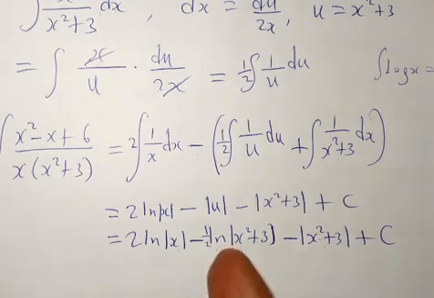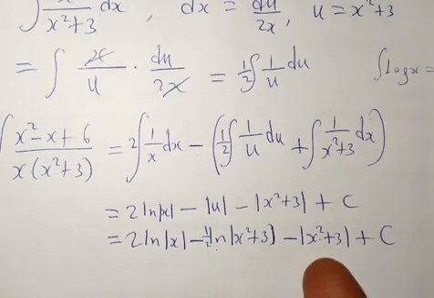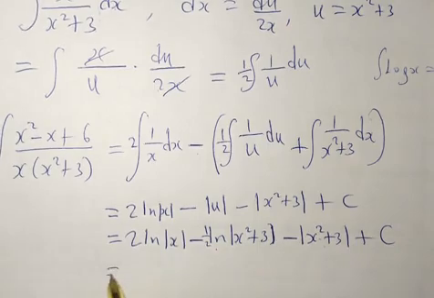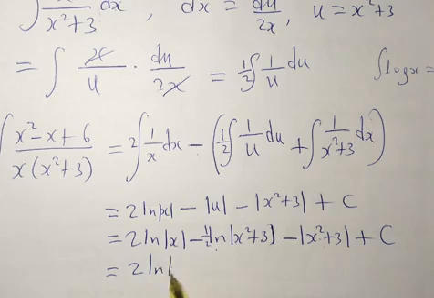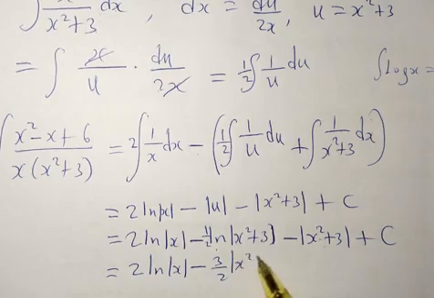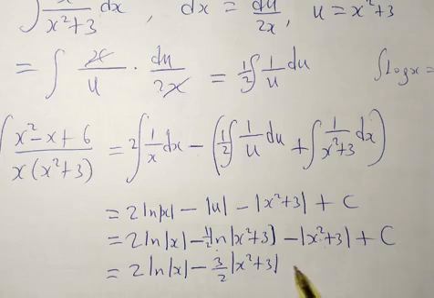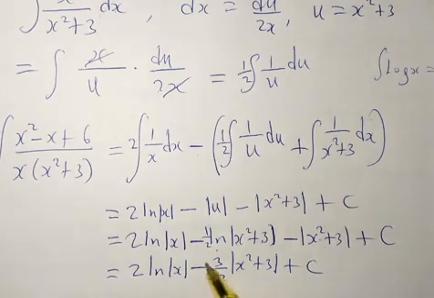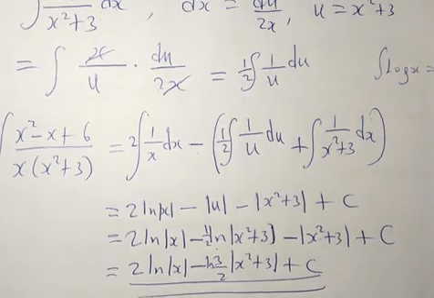So we have this half minus half plus this, right? So this will give us the same thing as 2 ln x minus 3 all over 2 ln x square plus 3. Then we have this plus c. Sorry, there is ln here. So this will be the solution for this problem.